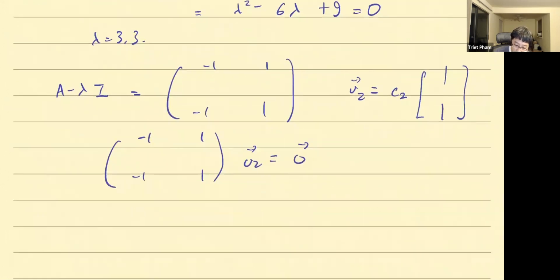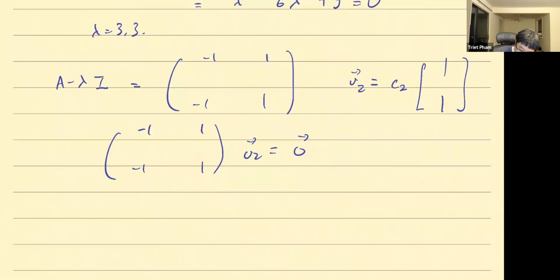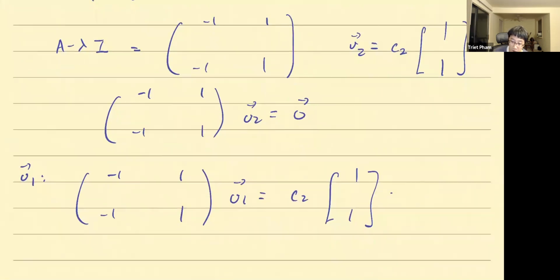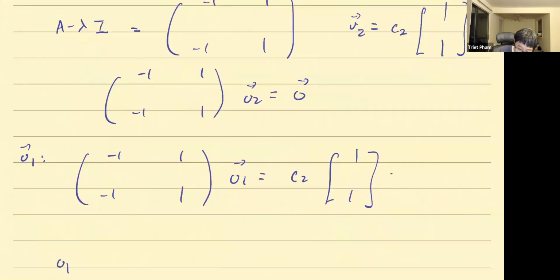Then, to solve for V1, I look at this times V1 to be C2 times (1, 1). What is V1 then?